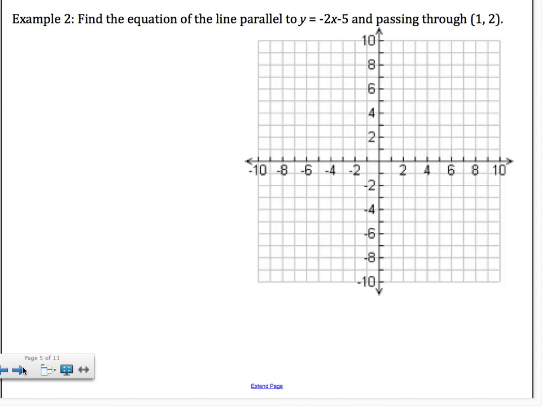So here it's a little bit harder question. Find the equation of the line parallel to y is equal to minus 2x minus 5 that passes through 1, 2. How might we start doing that?